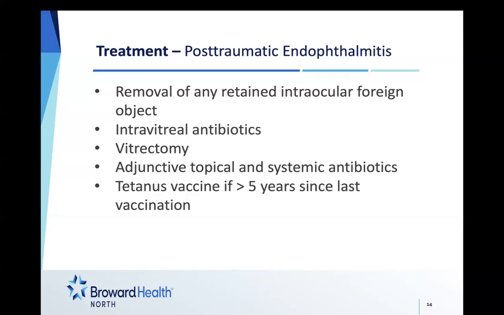And then lastly, you want to give the patient a tetanus vaccine if it's been greater than 5 years since their last vaccination. One thing to point out that I didn't mention before is that systemic antibiotics alone are not effective, and they should be used as adjuncts to injections. So first line treatment is always, always, always going to be injections directly into the eye.